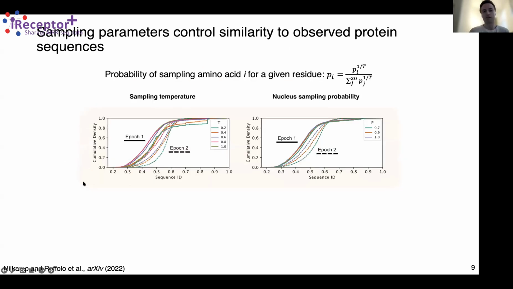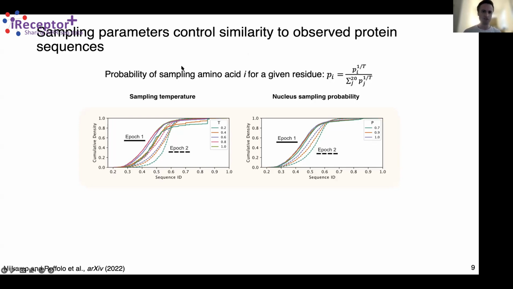When we're generating, you can also enforce some control over the sequences you get from the model through a couple of sampling parameters. One of those parameters is the sampling temperature. The other is nucleus sampling probability. The way we apply these to the model generation process is basically to readjust the distribution at each step of sampling. This equation describes how we go from model outputs to a probability of each residue.